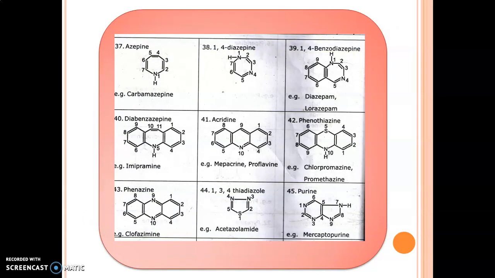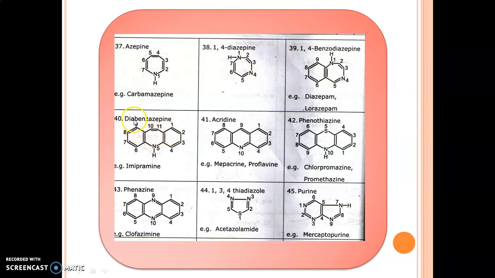Next is a 7-membered ring. It is an azepine ring containing nitrogen at 1 position and it is a 7-membered ring containing 3 double bonds. Next is 1,4-diazepine. In this ring at 1 and 4 position there are 2 nitrogens and it is a 7-membered ring. Next ring is 1,4-benzodiazepine. 1,4-benzodiazepine ring is a fusion of benzene and 1,4-diazepine ring.